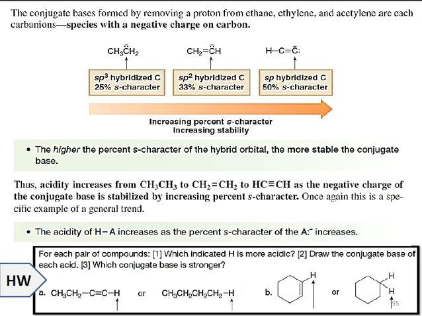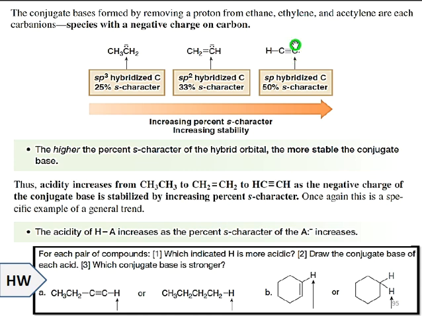The answer is, if you look at the hybridization of the carbon, here it is sp3, this carbon is sp2, and this carbon is sp. For this reason, a higher percent s character on the atom gives you a more stable conjugate base.